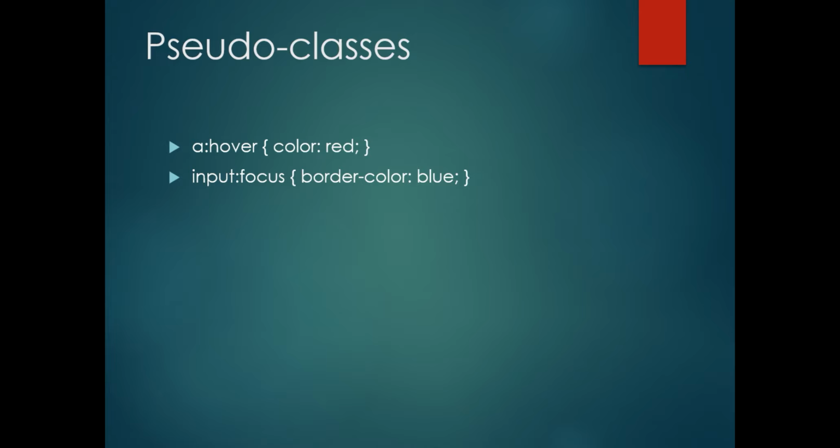Or an input field, when you click it, you want it to have a border. When something happens, you want it to happen to it. That is actually what this is. So that's how those specific classes work.